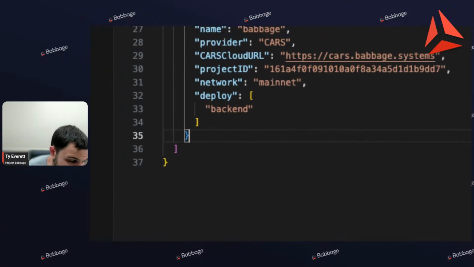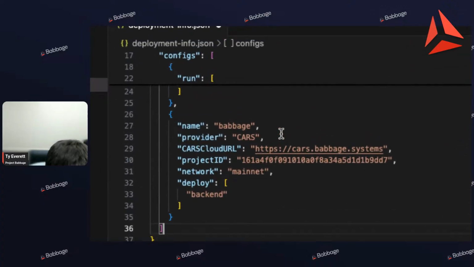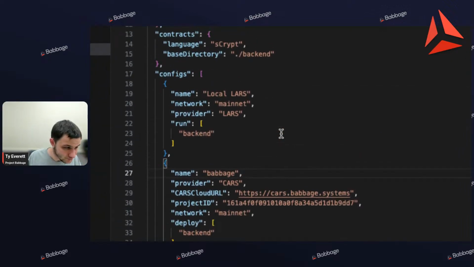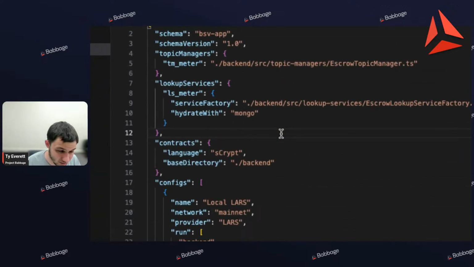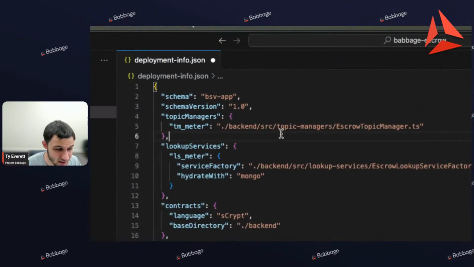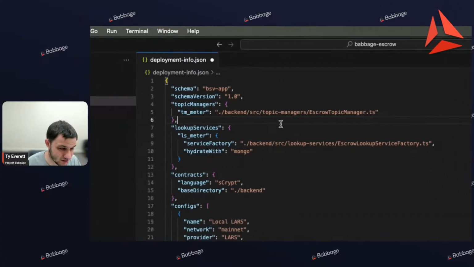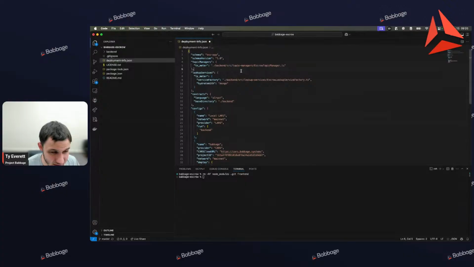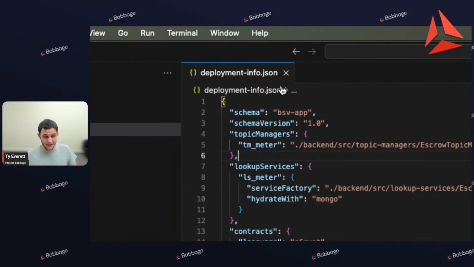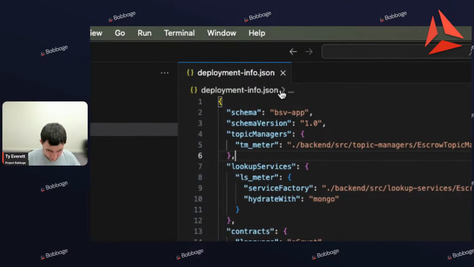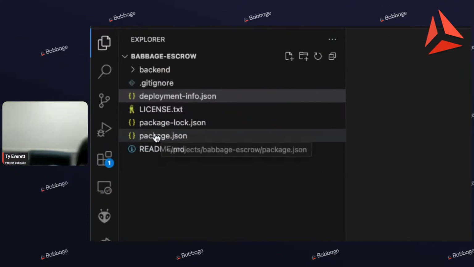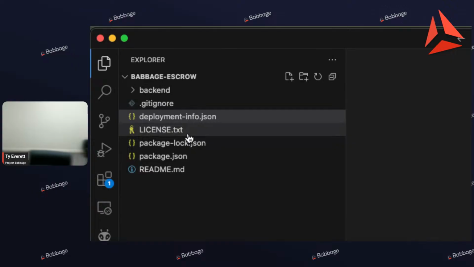So we got one way to deploy this application on mainnet Babbage CARS. And we can also run it locally with Lars, backend only. Got our topic manager, lookup service, and smart contract here. Those are the main components, except for the business logic that we need to write within the actual backend itself, which is entirely new.